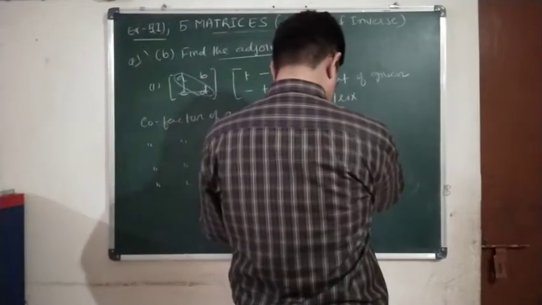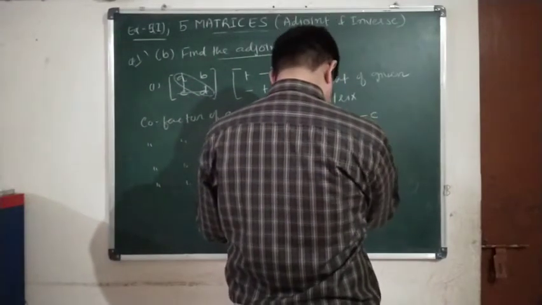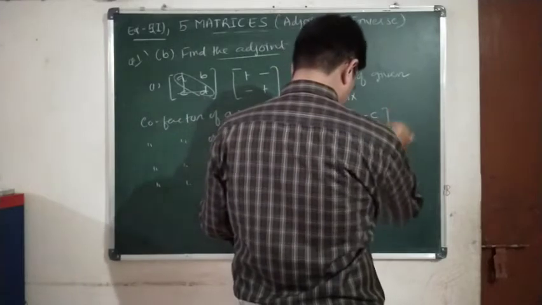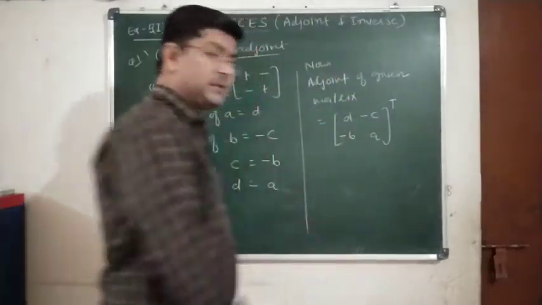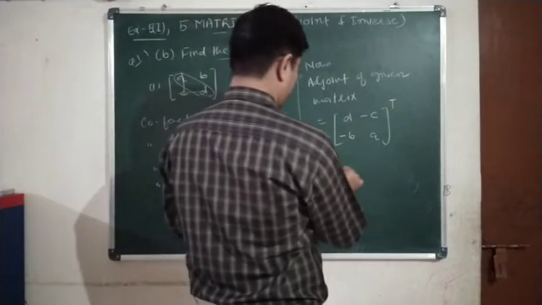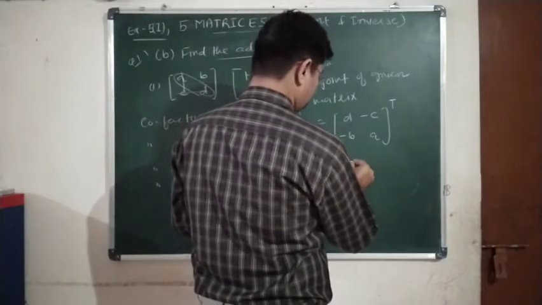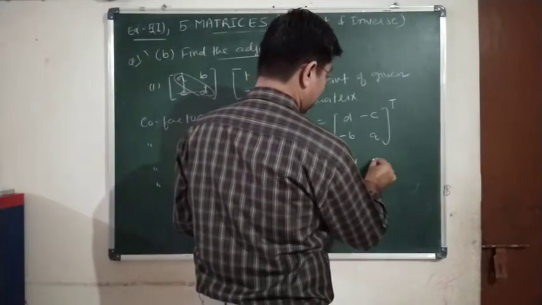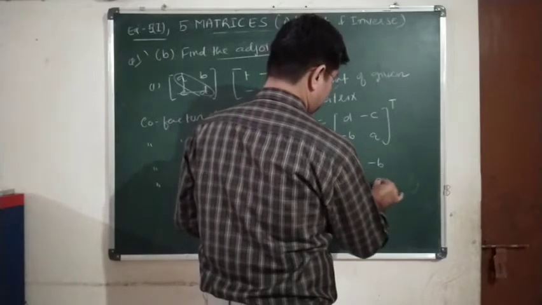So D, minus C, minus B and A, and we will take the transpose. Clear? So finally, taking the transpose, we will get D, minus B, minus C, A.